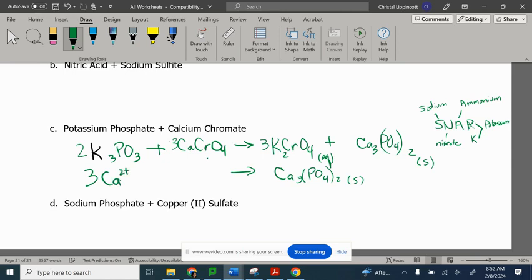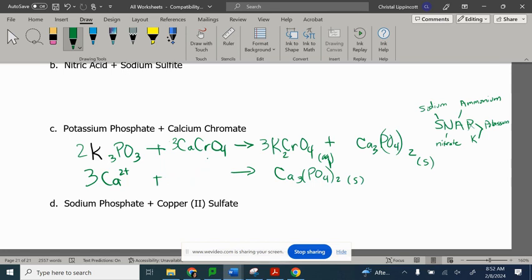And remember, this is a net ionic equation. You have to have these listed as ions. So you have to put this on there. And then this is CrO4, I've got 3 of those. And no, I need my phosphate, don't I?